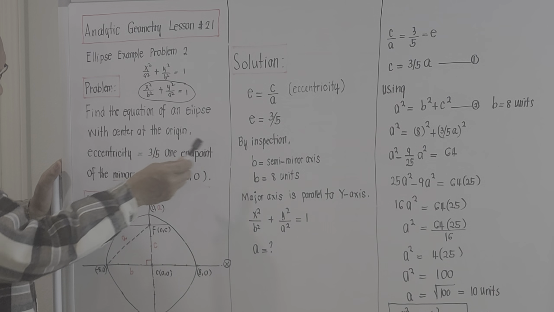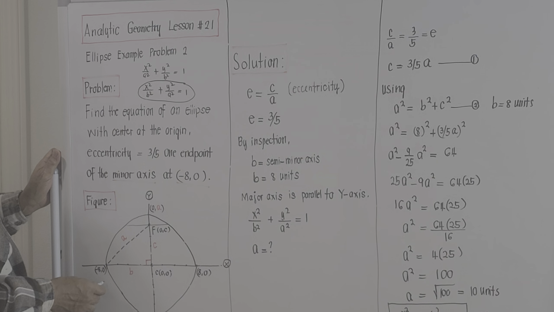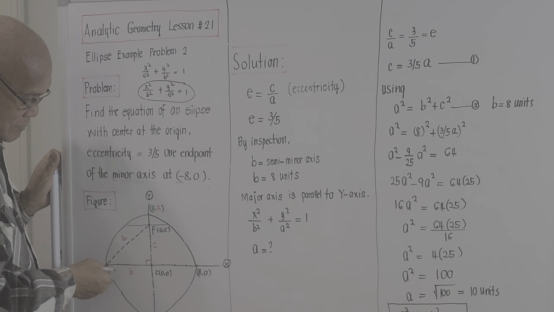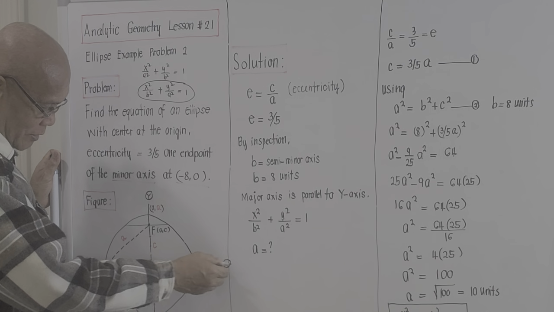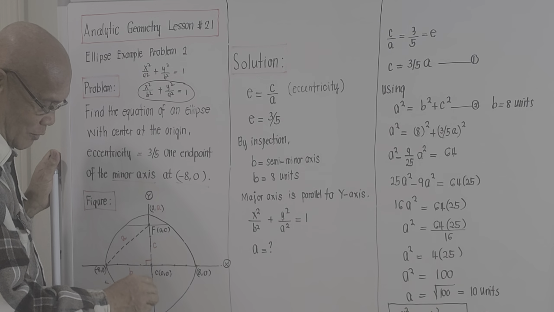One end point of the minor axis is at the location -8 and 0. This is the first end point. This is the minor axis. So if the minor axis coincides with the x-axis, the major axis is the reverse of that one.